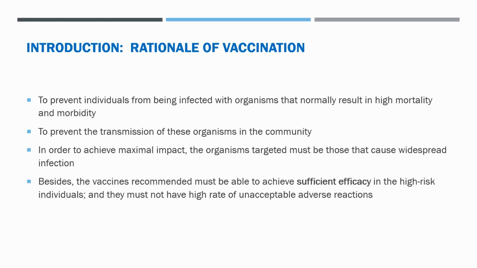Besides, the vaccines recommended must be able to achieve sufficient efficacy in high-risk individuals, particularly those who are, to a certain extent, immunocompromised, and they must not have a high rate of unacceptable adverse reactions. Obviously, if you are giving something to prevent a disease, the something should not be worse than the infection that we are trying to prevent.